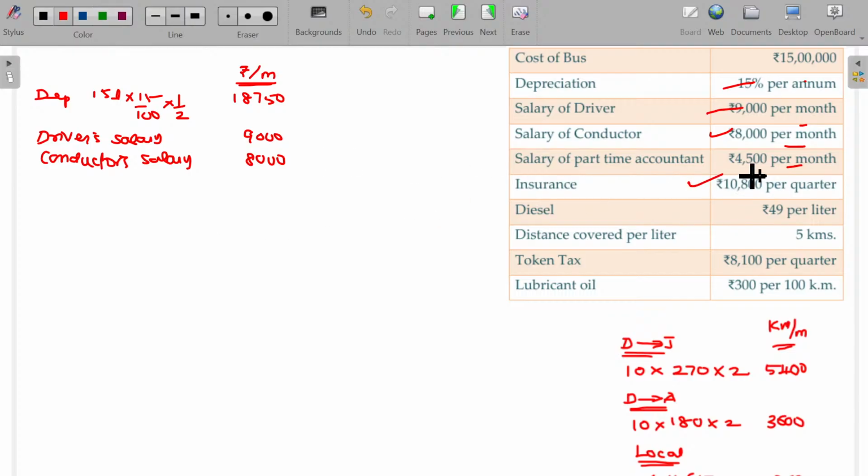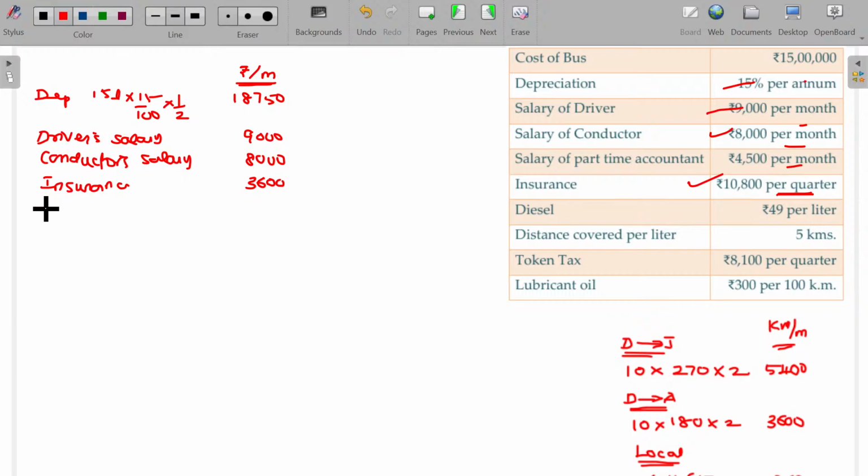Insurance per quarter is given. Insurance per month is how much? It's 3,600. A quarter consists of 3 months. Always you divide this by 4 and then mess up.